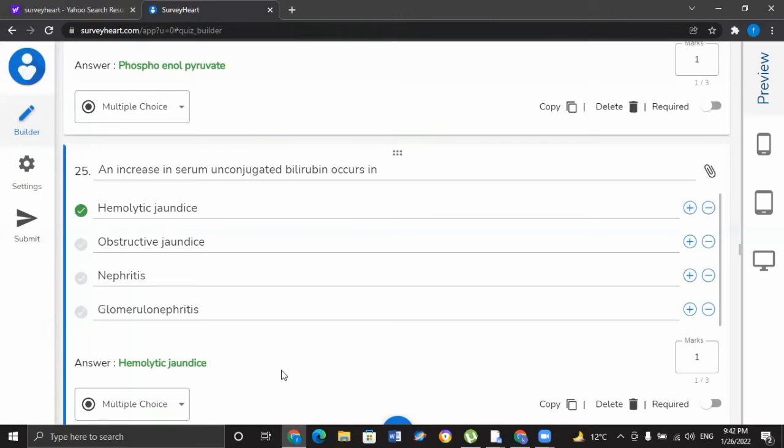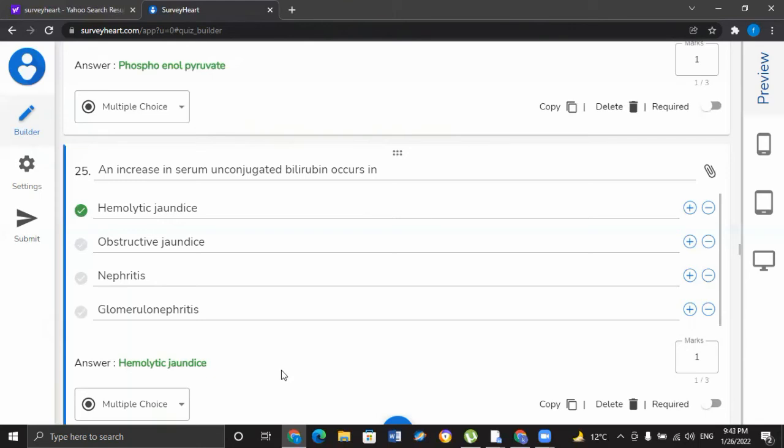Nephritis is inflammation of the kidney and may involve glomeruli, tubules, and interstitial tissues, and glomerular nephritis is inflammation of the glomerulus of the kidney. In the liver, bilirubin is conjugated with glucuronic acid, which is known as conjugated bilirubin. When bilirubin is not combined with glucuronic acid, it is known as unconjugated bilirubin.